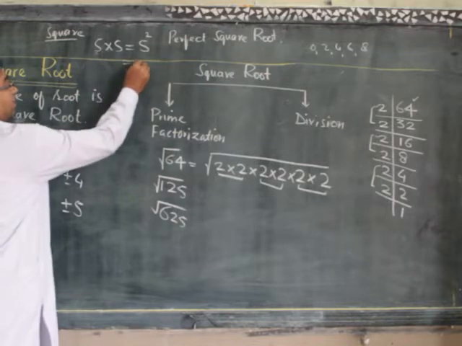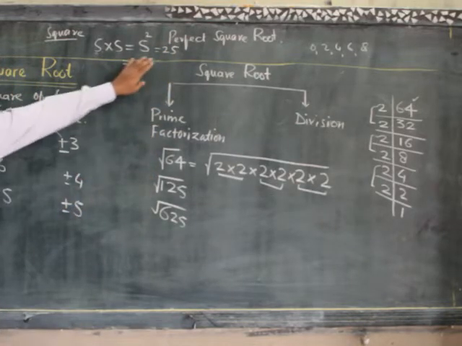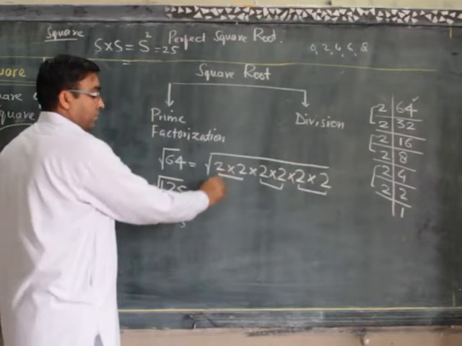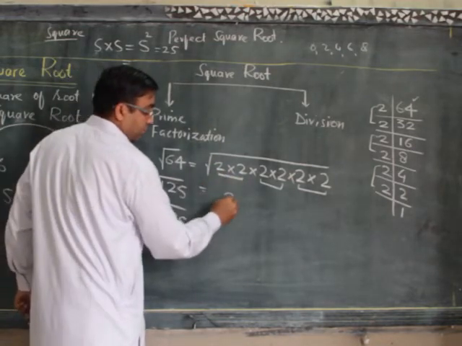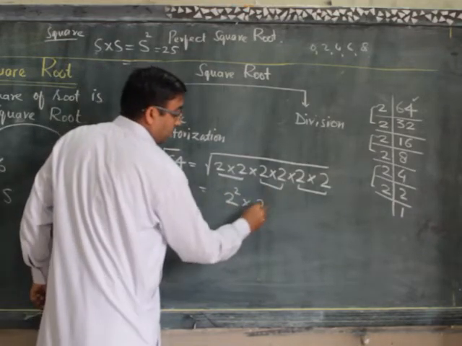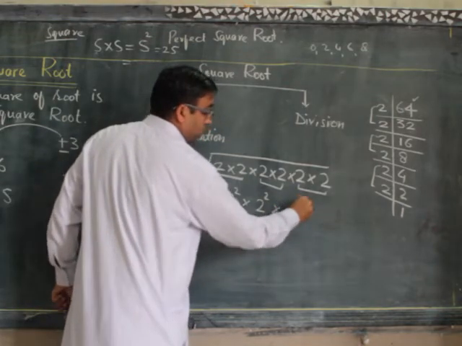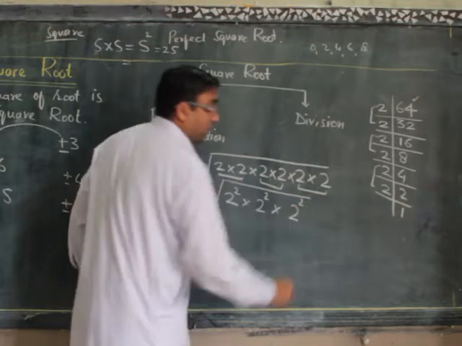It means 5 square is equal to 25. 25 is the product of two identical numbers 5 and 5. So according to this we can write 2 into 2 as 2 raised to the power 2 or 2 square. We will write this also as 2 raised to the power 2 and this also as 2 raised to the power 2, and the square root sign will remain constant.